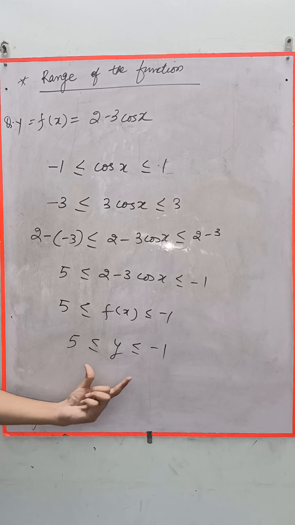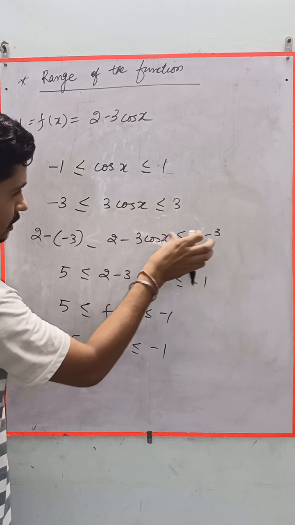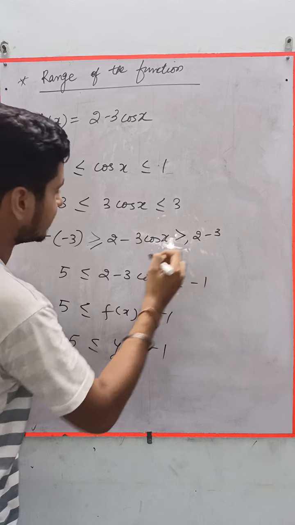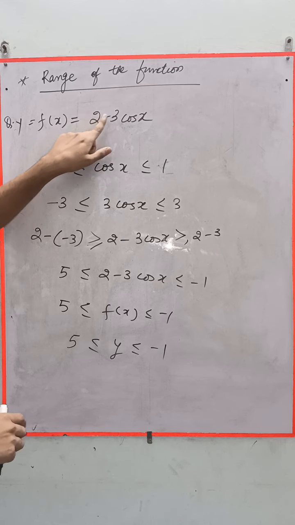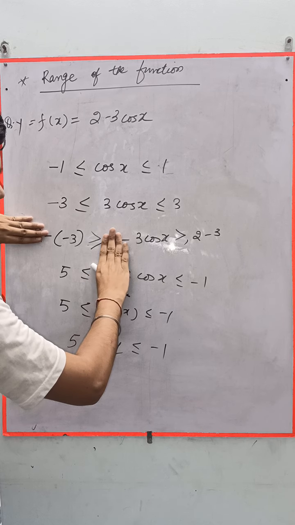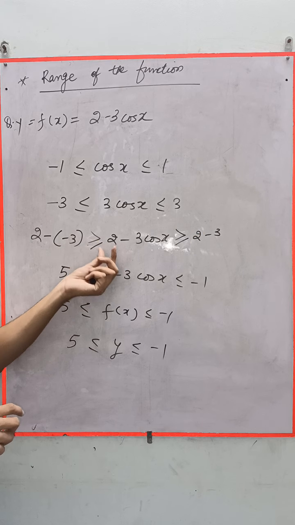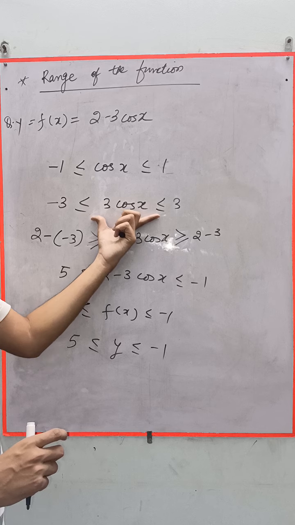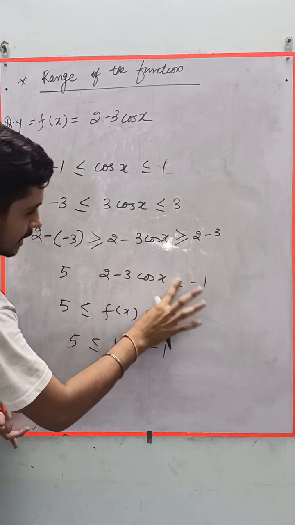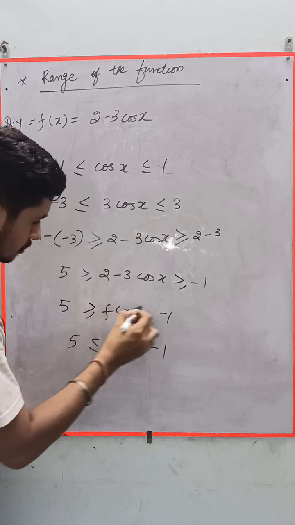As I felt that something went wrong, just see, this will be this sign. As we subtracted 2, or rather we need a minus sign here. So think in such a way that we haven't subtracted 2 here, 2 is not written, we use only the negative sign. For using the negative sign, we need to change the sign of this inequality. So let's change the sign of this inequality like this, and here also.